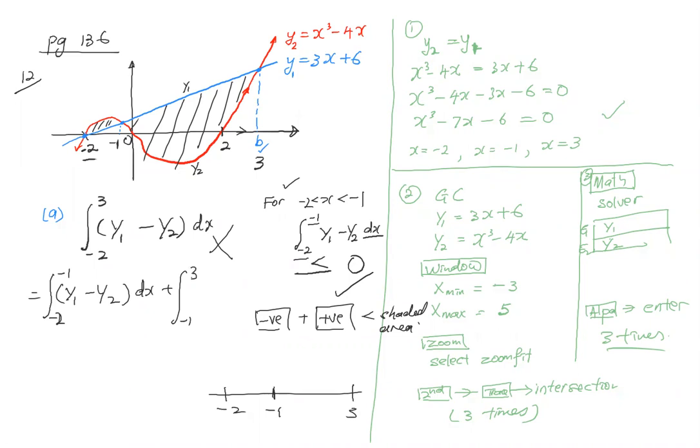So for this part, I will get a negative value. Why? Because y1 minus y2 is less than 0, because y1 is at the bottom.